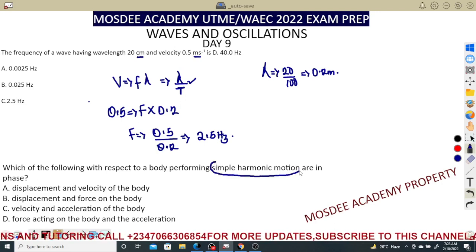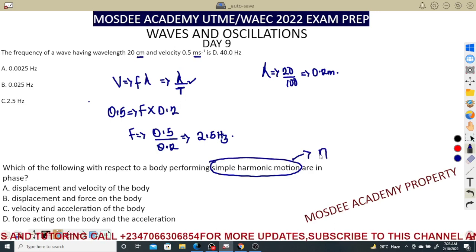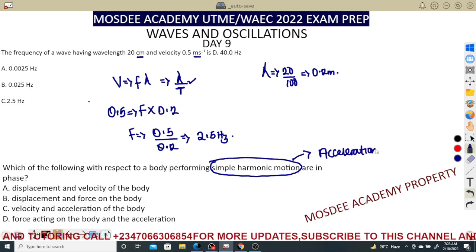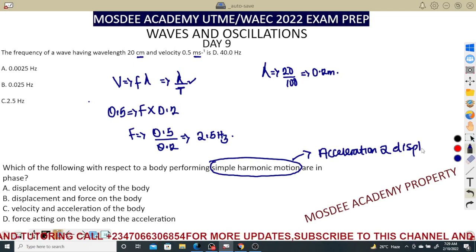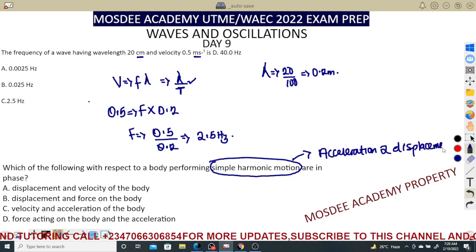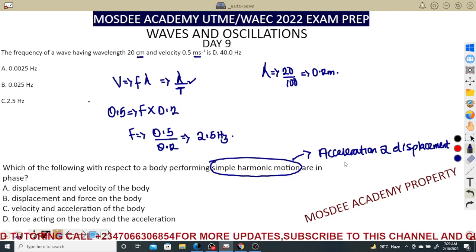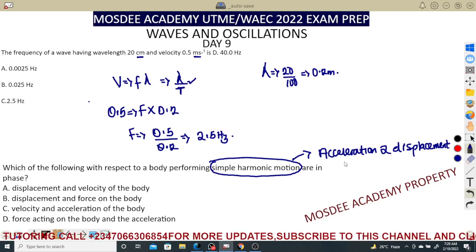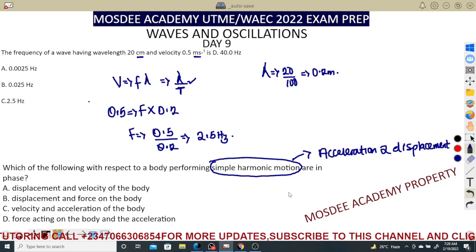The important concept is that acceleration is always proportional to the displacement. I think that's the definition itself of simple harmonic motion, which you might have studied in your junior classes. So we say acceleration is always directed towards a fixed point.